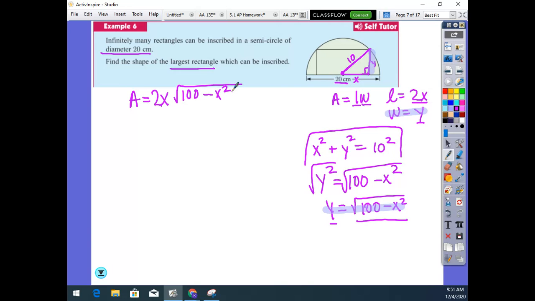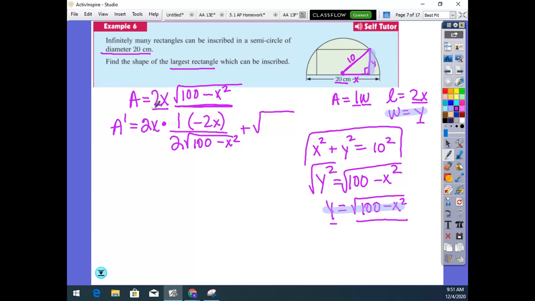And this next part, we now have to take the derivative. So this is a product rule because 2x is being multiplied times the square root. So I'm going to do 2x times, what's the derivative of the square root? 1 over 2 square roots times the derivative of what's under the square root, plus the square root times the derivative of 2x.